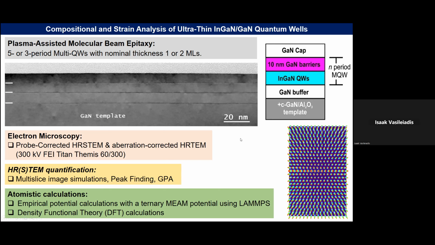In order to analyze them, we used a probe-corrected high-resolution STEM microscope, and the quantification of high-resolution STEM was performed using a combination of multi-slice image simulation, peak finding, and GPA. Of course, the cornerstone of this analysis was the atomistic calculations that gave us the structural and chemical models. These models were created by using empirical potential calculations and density functional theory.